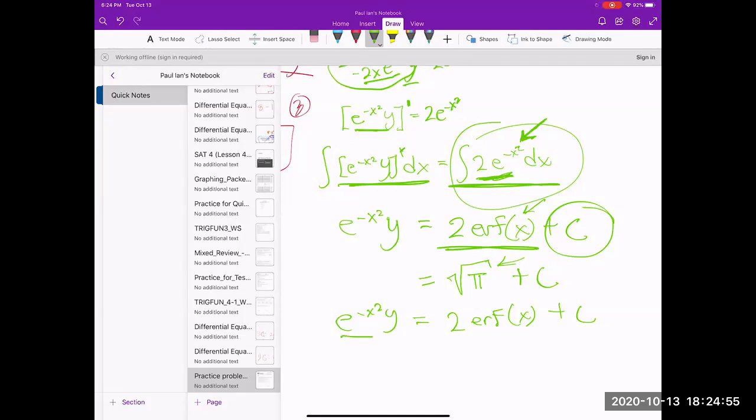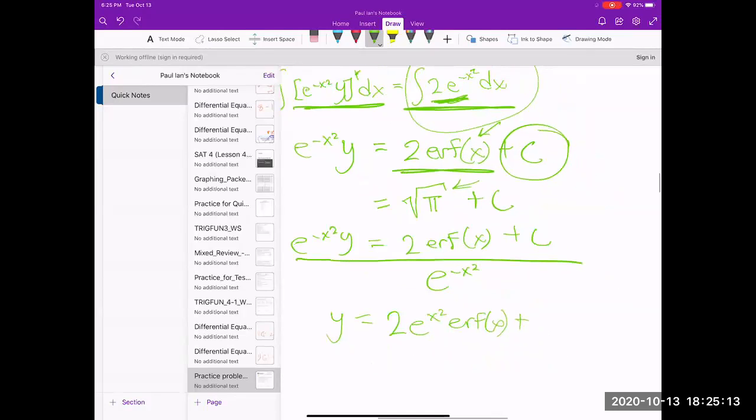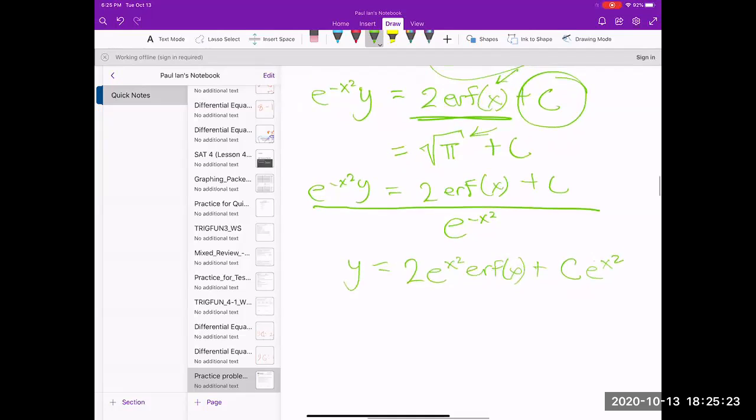I think there's a mistake in their answer actually. If you divide by the e to the minus x squared, then y would be e to the x squared erf x plus c e to the x squared. It's not negative because that's the only way you can cancel it. And this is your general solution.